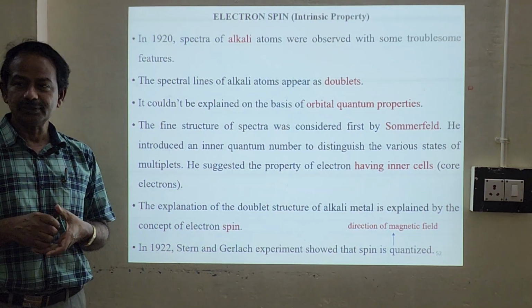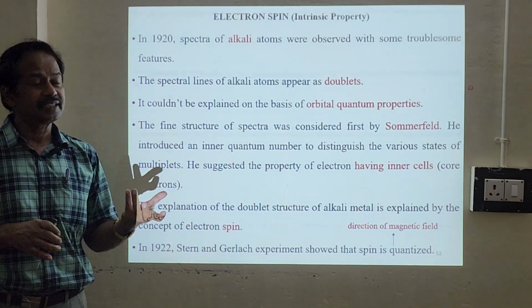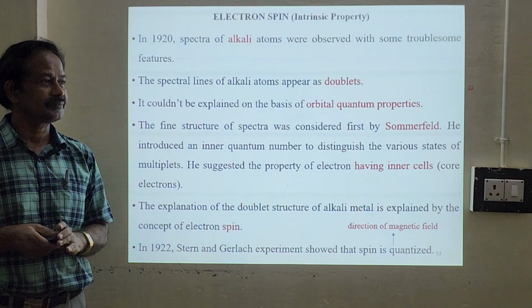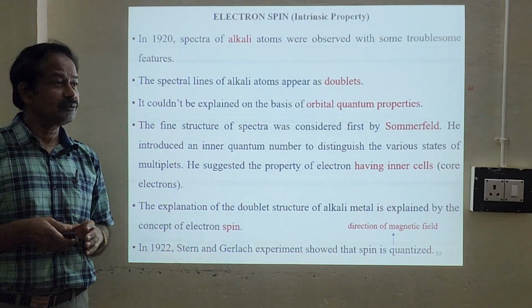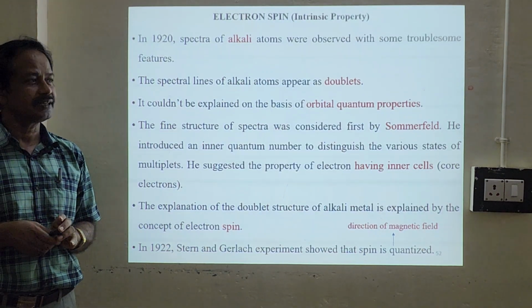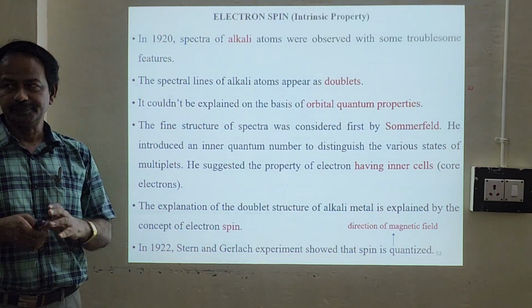So in the year 1922, Stern insisted this experiment to Gerlach, and Gerlach had a small apparatus. Gerlach actually wanted to discover something new about dipole moments of the atom.